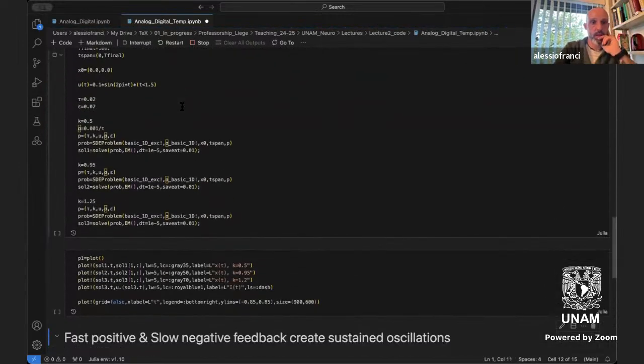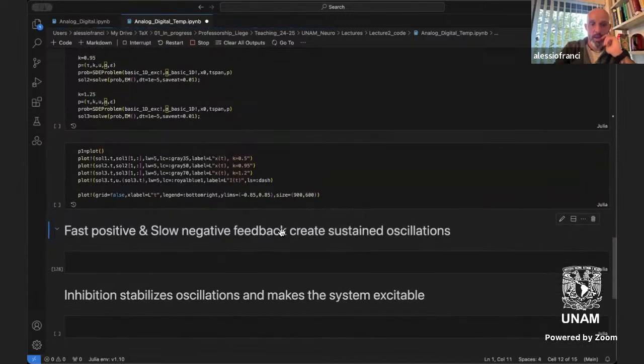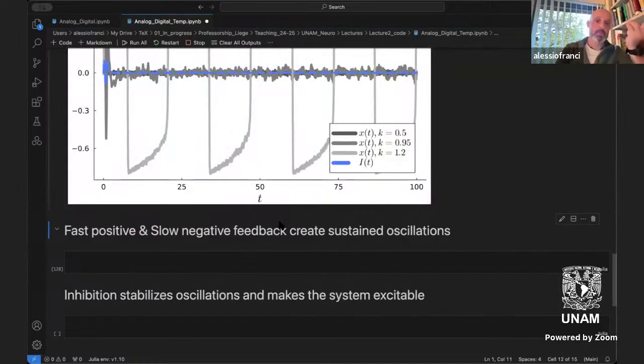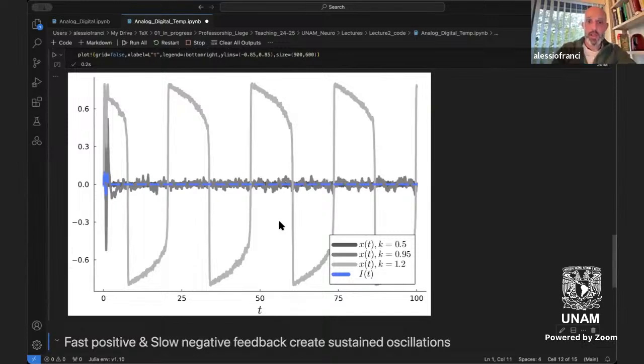And so what I was going to show in this section, called fast positive feedback and slow negative feedback creates sustained oscillation, is that as soon as you have fast positive and slow negative feedback, if you don't have a mechanism that inhibits your system, and probably this is also one of the roles for inhibitory interneurons that fire all the time at super high frequency to keep the system at rest, then your system will retain the memory, but slow negative feedback will reset it to the other category, and then you will start to have oscillation between the two possible categories your system can encode.